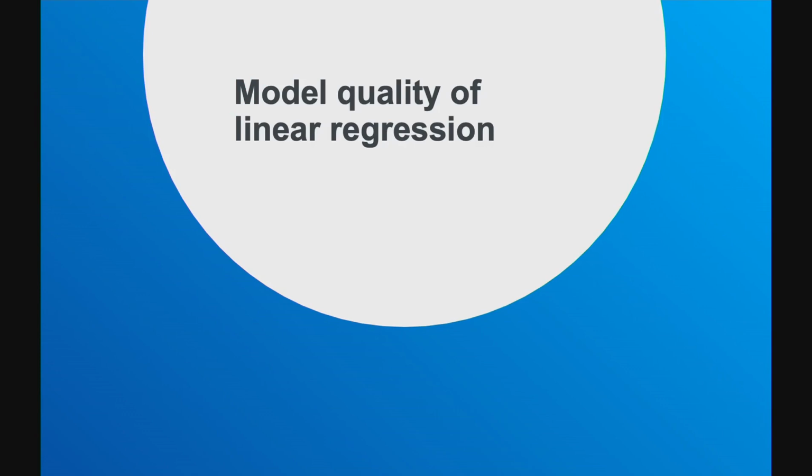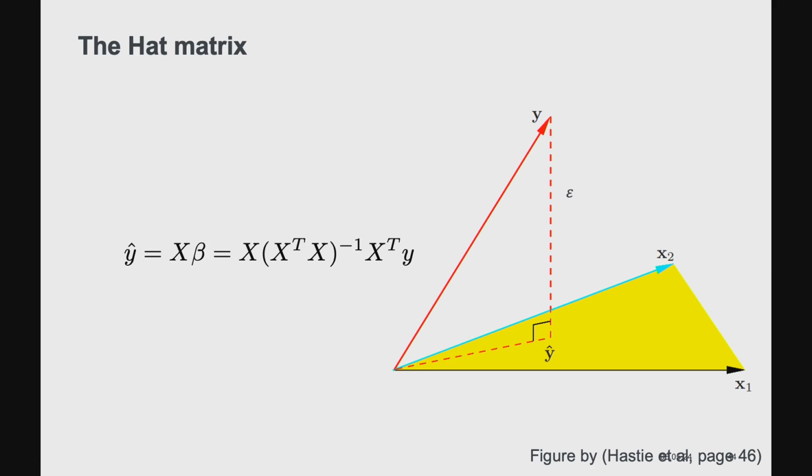Okay. Now the question is, how good are our models? Let's think about our model again. What is our y hat? Remember, hat is always the predicted value. So we predict a y, and of course the predicted value, the y hat, is different from the real value. And how is it predicted?